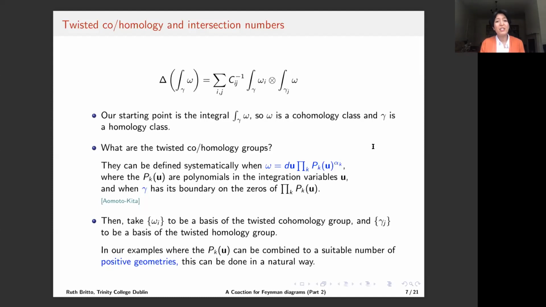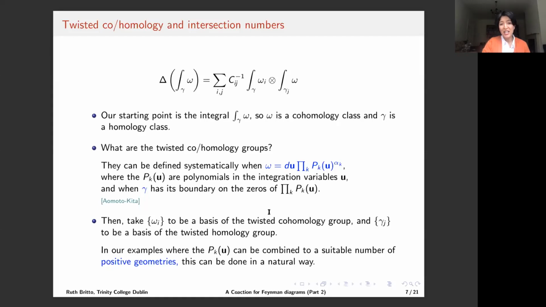So what are these twisted cohomology groups? Well, this mathematics has been pretty well developed, and it's well presented in a book by Aomoto and Kita. It's been well defined systematically when we have omega of this form, where we have polynomials raised to powers, which will be integers shifted by these epsilon parts, and furthermore, where the integration contour has its boundary on the zeros of those polynomials.